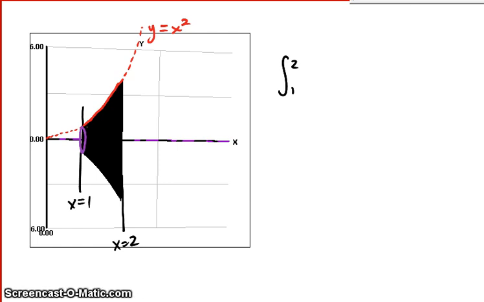This circle has a certain radius. The radius is the distance from the middle of the circle to the top. Well, that distance is the distance from the x-axis to the red graph. The red graph is x squared. So this distance is defined by f of 1. That radius is 1 squared, which is equal to 1.